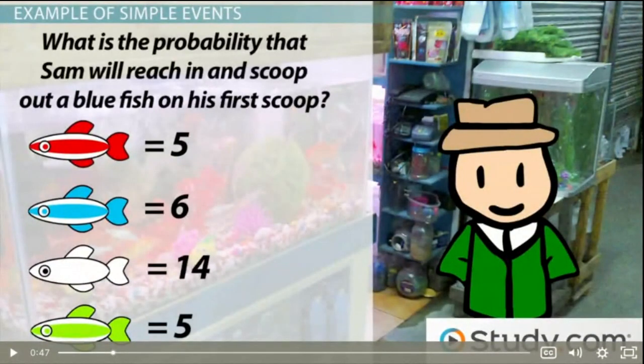Okay, because basically the question is, I'm going to buy a blue fish. There are all these 4 types of fish in the tank. So the probability of me drawing a blue fish is I take the number of blue fish, which is 6, divided by the total.